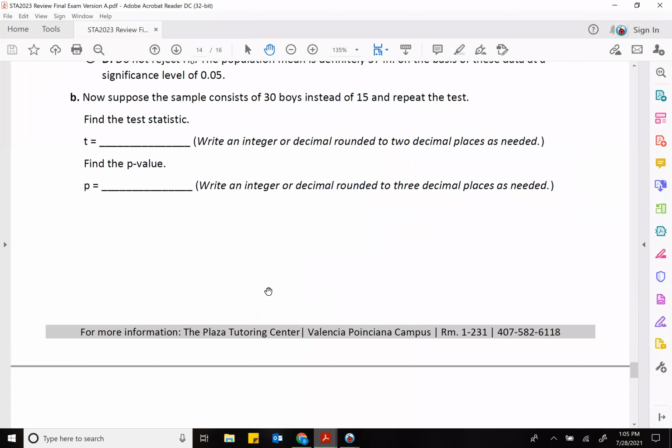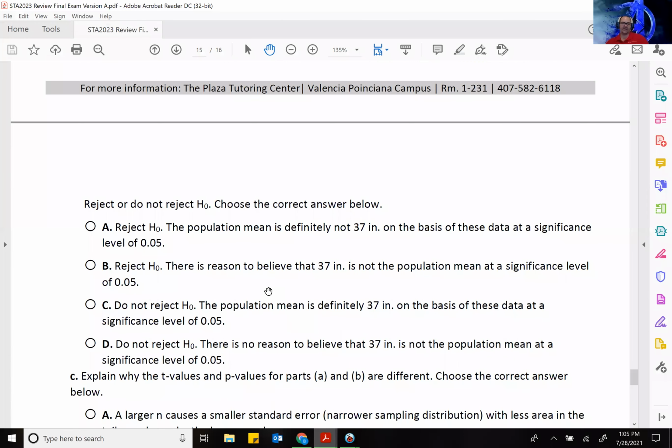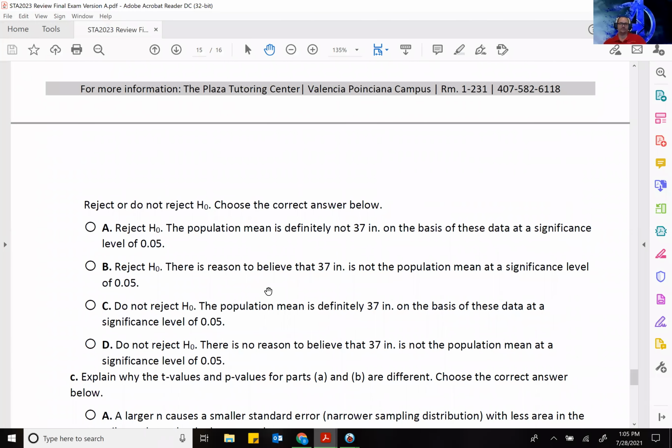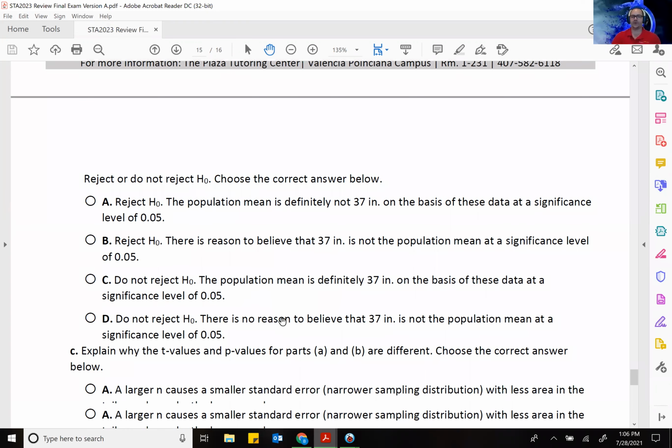So do we reject or do not reject? We do not reject. And is it C or D then? D. Yeah. Because again, we didn't prove it was 37. We just had no reason to doubt it.